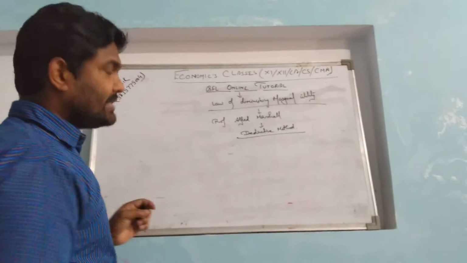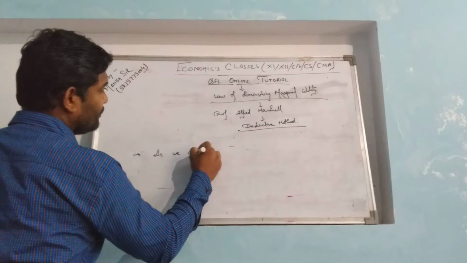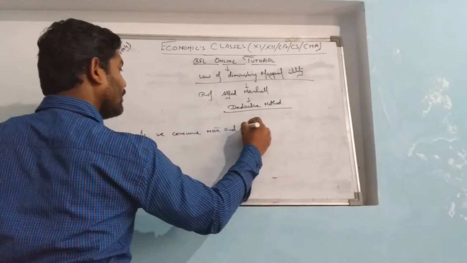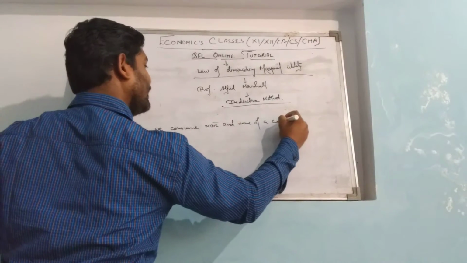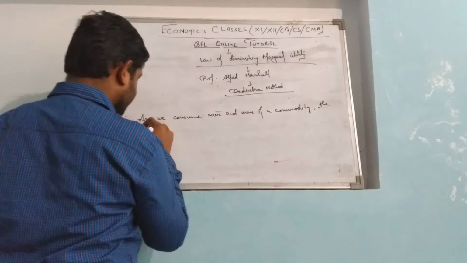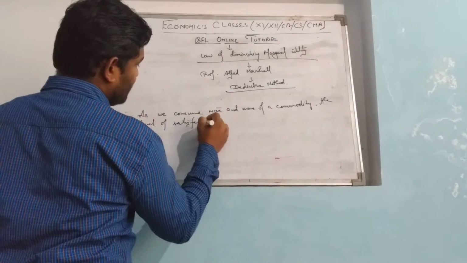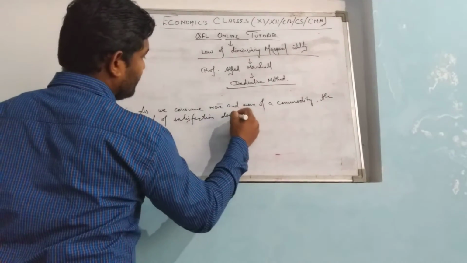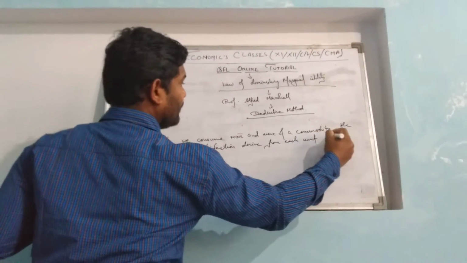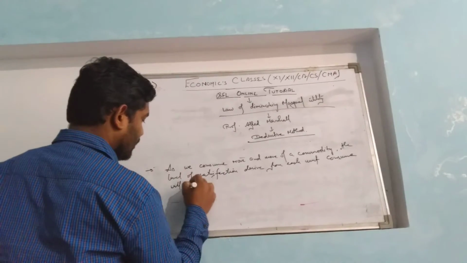What does this law state? It states that, sir, as we consume more and more of a commodity, the level of satisfaction derived from each unit consumed will fall.